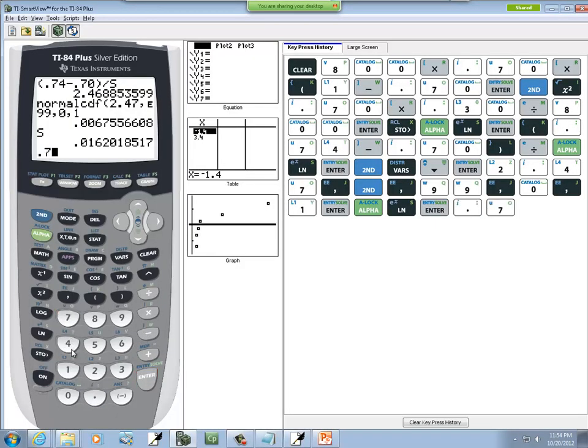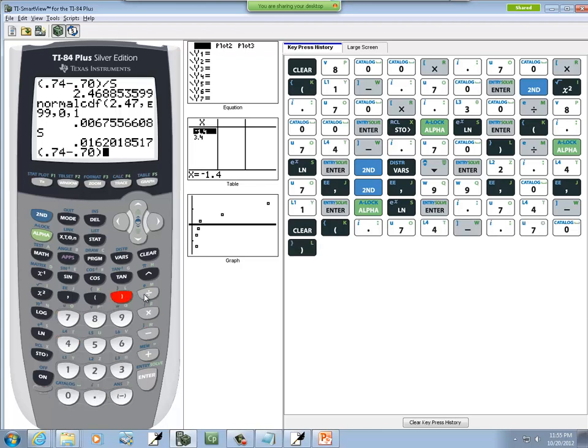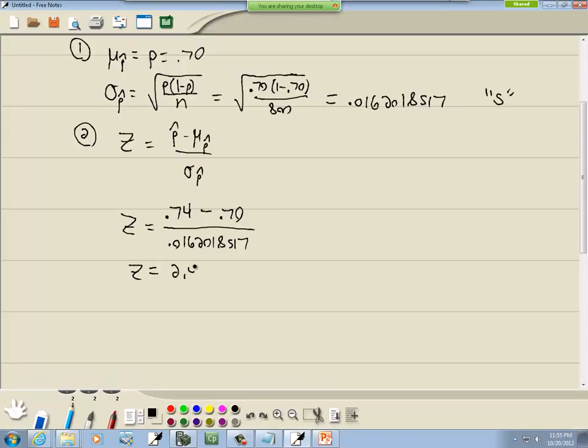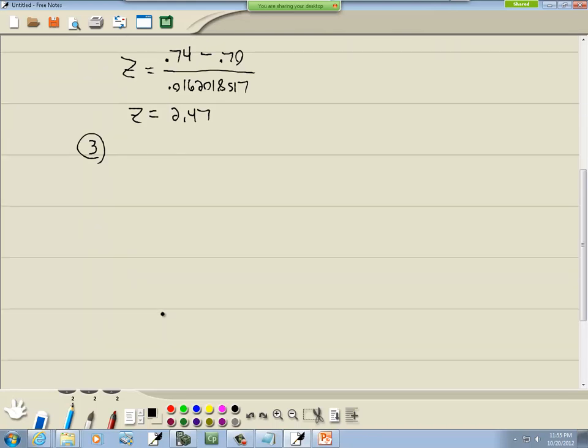So I got beginning parentheses, 0.74 minus 0.70, close parentheses, divide by S. So I do alpha ln to get the S. And we get 2.47. Now that's no big surprise. That's what we got before, wasn't it? Now this is the only problem where I'll do all these steps out here because the first two steps are the same. So I'm going to kind of work them together, save some time.